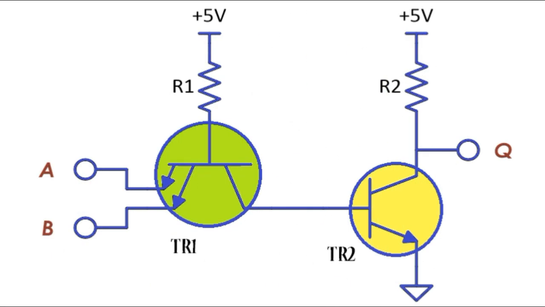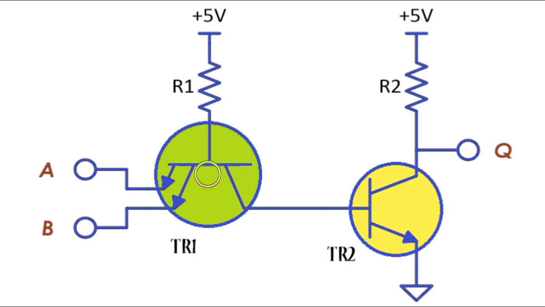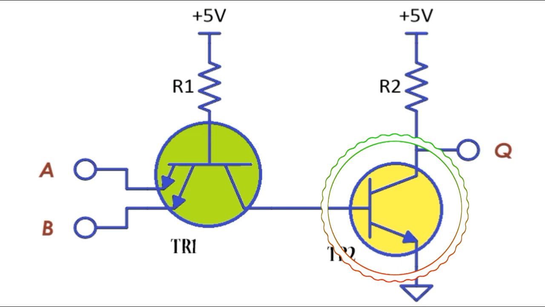This simplified NAND gate circuit consists of an input transistor, TR1, which has two or more emitter terminals, and a single-stage inverting NPN switching transistor circuit of TR2.